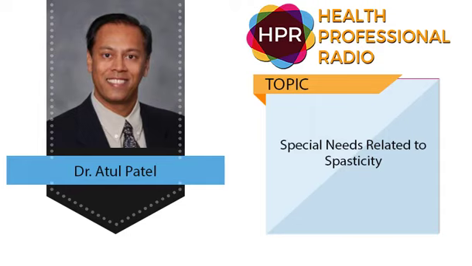Central nervous system is the brain and the spinal cord, and the peripheral nervous system is the nerves after they have left the spinal cord. If somebody has an injury to the brain or the spinal cord, which is referred to as the central nervous system, oftentimes they will end up with a condition called spasticity.